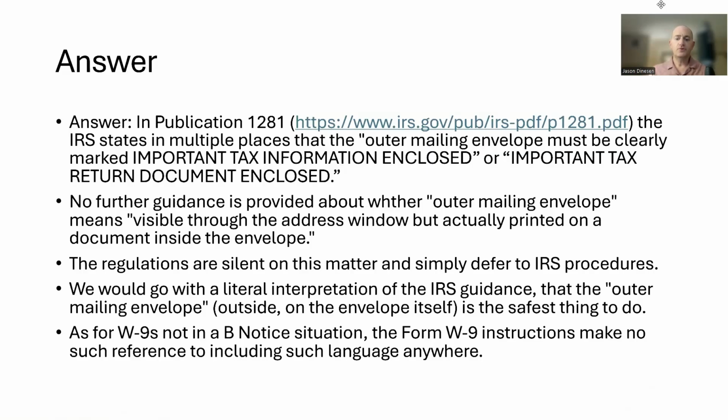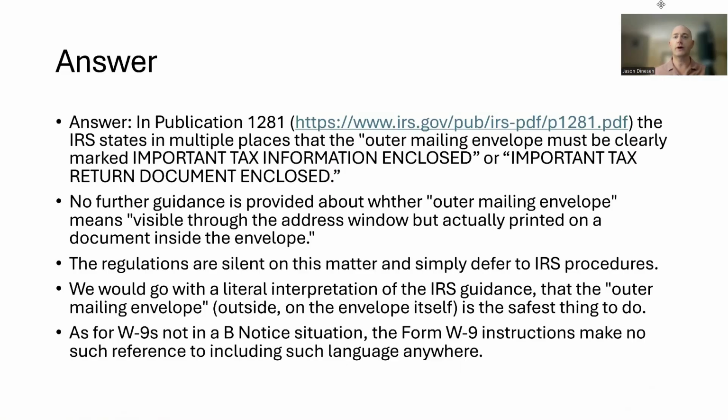So what this person really is asking about is in B notice situations. When you send a B notice, the IRS procedures as laid out in Publication 1281 say that the words important tax information enclosed or important tax return document enclosed have to be on the envelope.